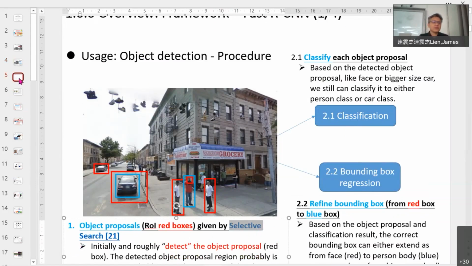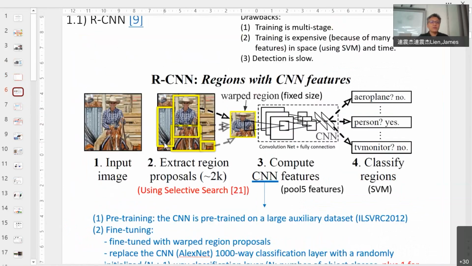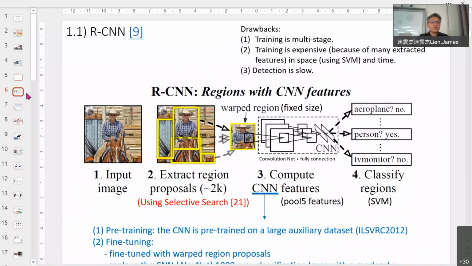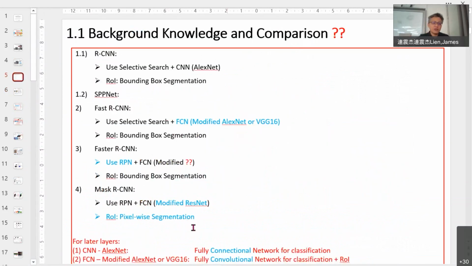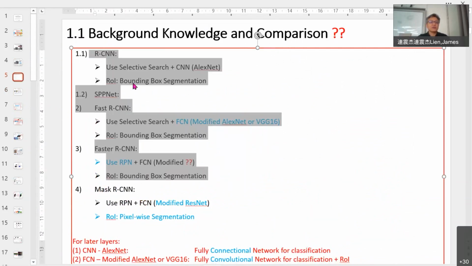Okay. On page 5, we start to talk about it step by step. In the next few pages, I will talk about the history here. I will teach you from here up to Faster RCNN, with the related work.